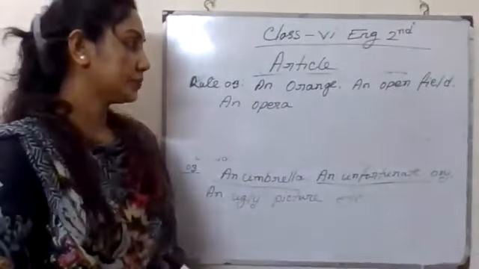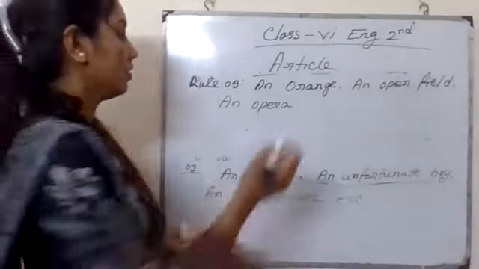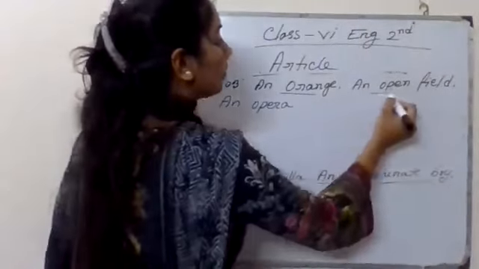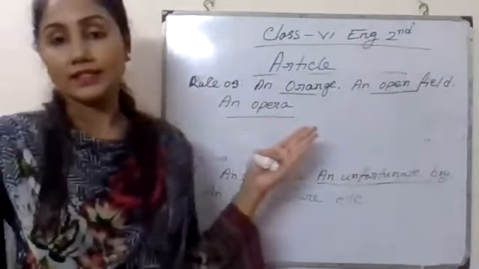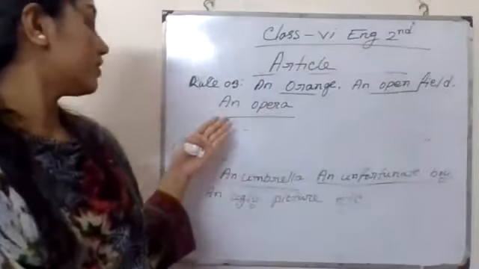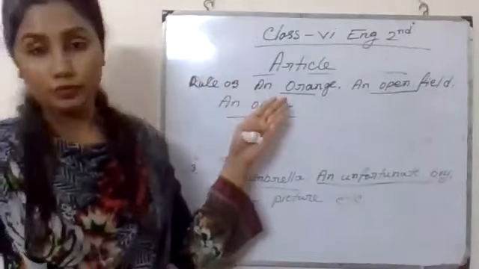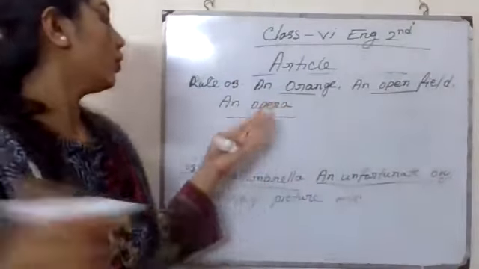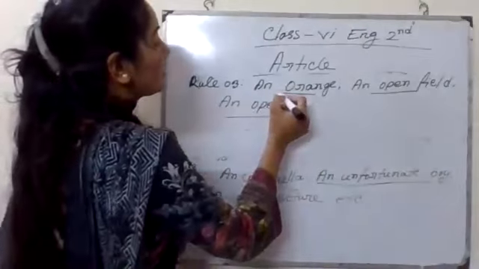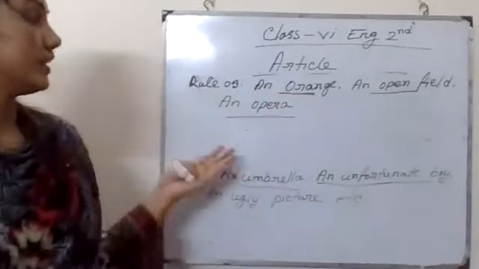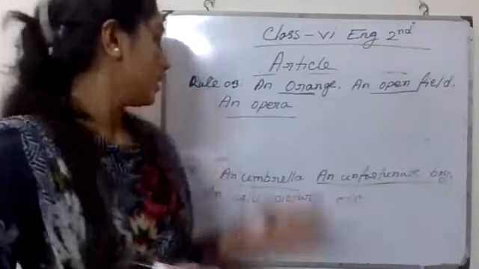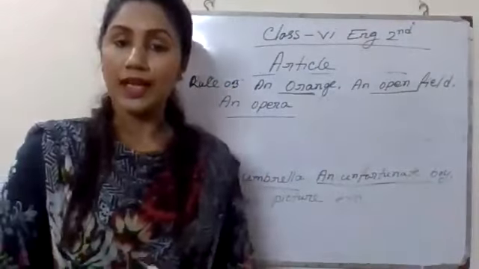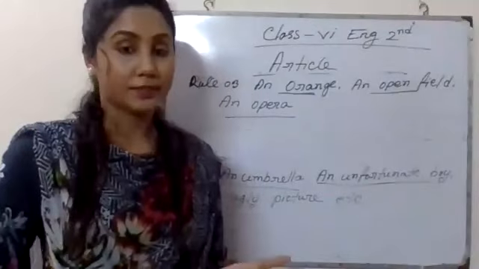So boys, here the words orange, open field, opera have started with O, and it is one of the common rules that when a word starts with O, we have to use AN before the word.